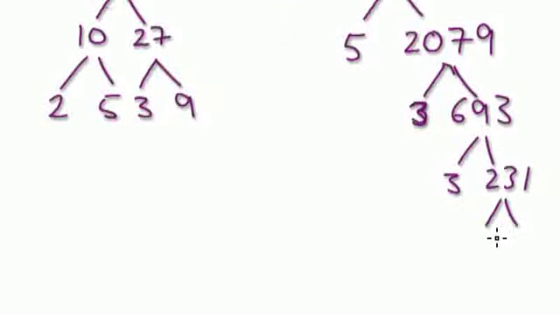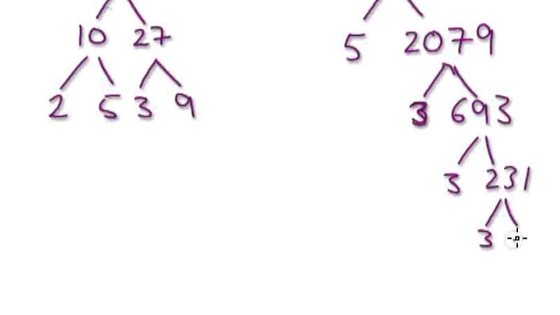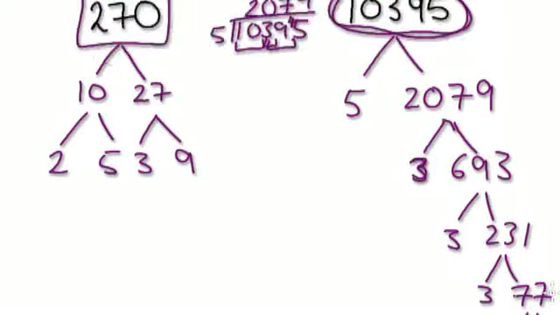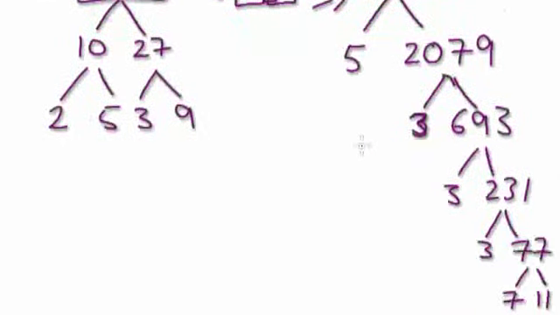I'm going to try and divide it by 3 again. Yes, it does work: 77. Now 77, we know, is 7 times 11. There, we've just broken up this number as a product of primes.